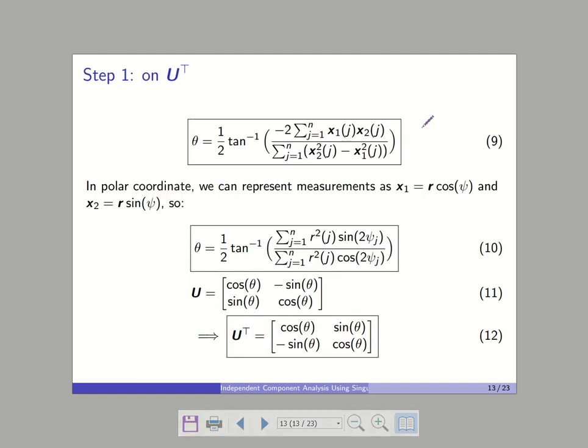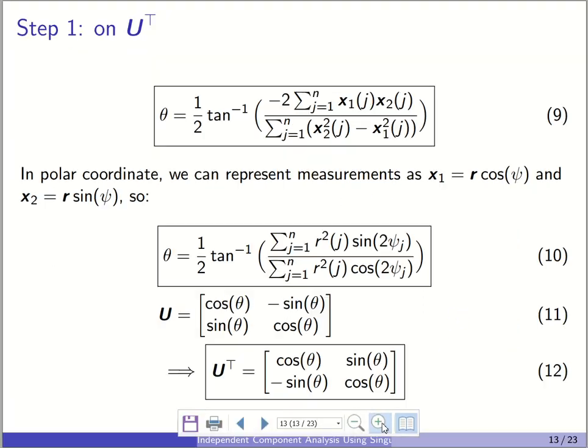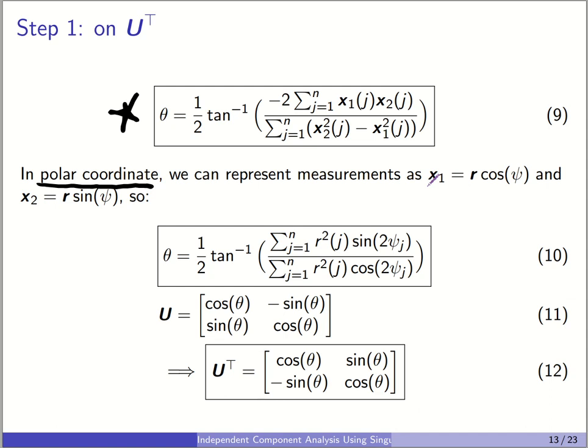We'll repeat it in this slide. So this is theta, and if we represent it in polar coordinates, which is easier, we can say x1 is r cosine psi and x2 is r sine psi. Why do we do that? Because we assume that the measurements are also orthogonal.